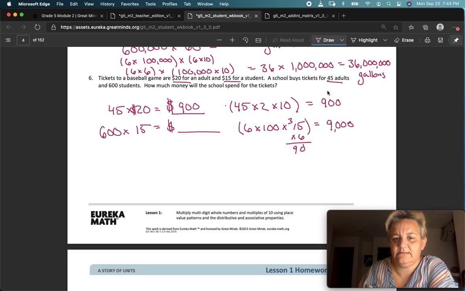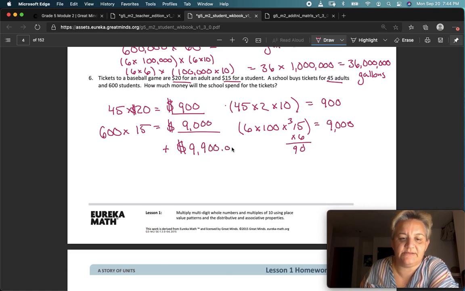Yes. 15 times 9. Yep, okay. So, my brain is jumping ahead of my pen. Now I have to add those two together to get my answer. Okay, how much money will the school spend on tickets? $9,900.